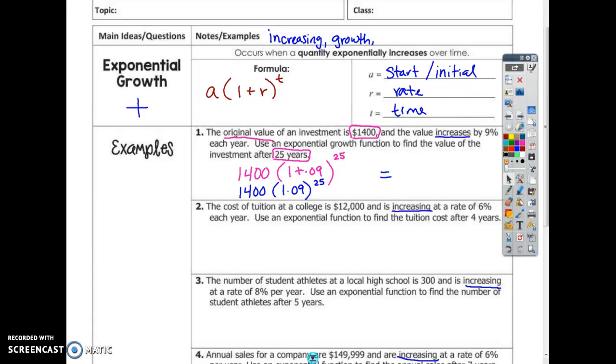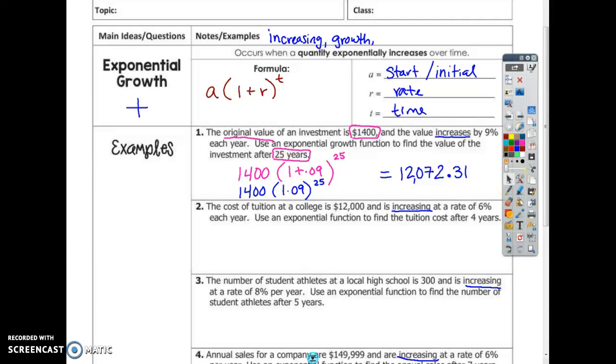So tell me the number again. 12,072.31. So $12,072.31. That's how much you would have in the bank after 25 years.